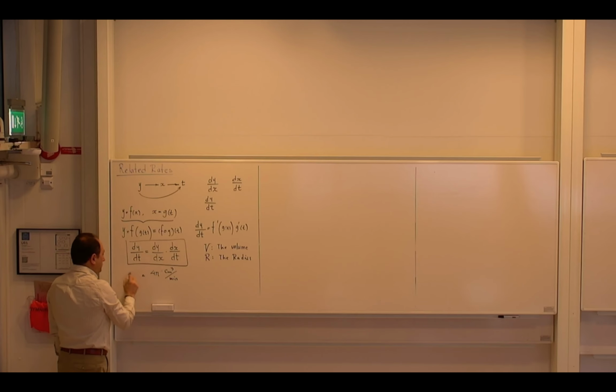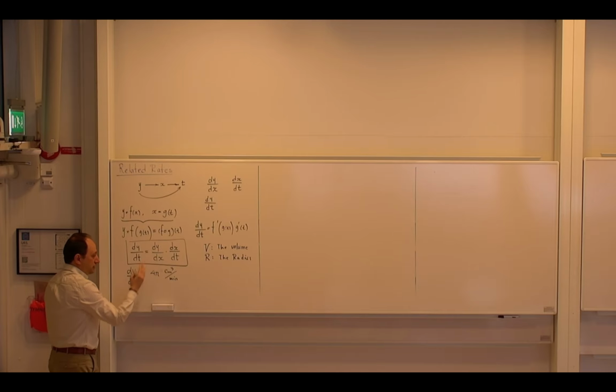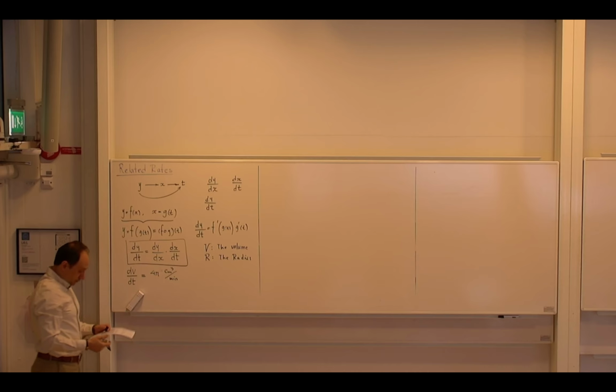So this is given to you. By the way, if you want to be very cautious, you have to put this dependence on t here, but on the right hand side, according to the problem, it's constant. So it doesn't matter at which time I am looking at this, the rate at which the volume is increasing is always that. Okay? So this is what I write by reading the first sentence.